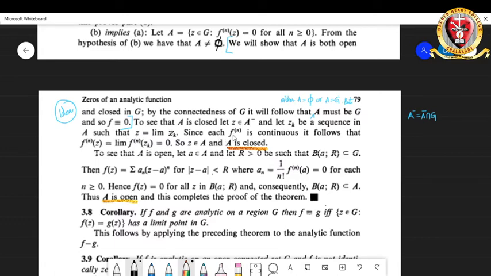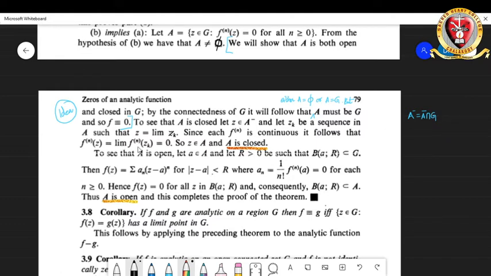And it is clear that all the nth derivatives of f are continuous. So we can say that the nth derivative of f at z is equal to the limit as k tends to infinity of the nth derivative of f at z_k, because of the continuity. And these z_k, the sequence we chose, is coming from A, A closure intersection G.